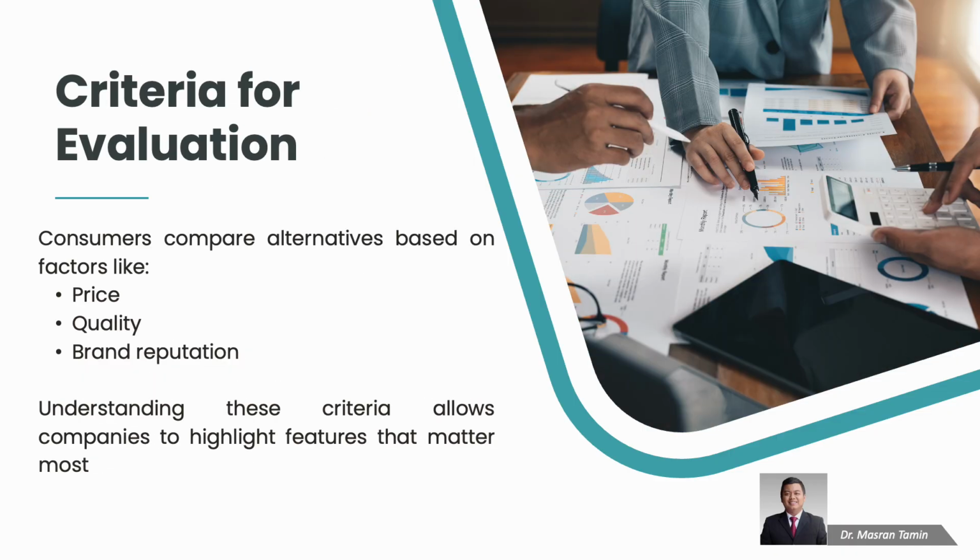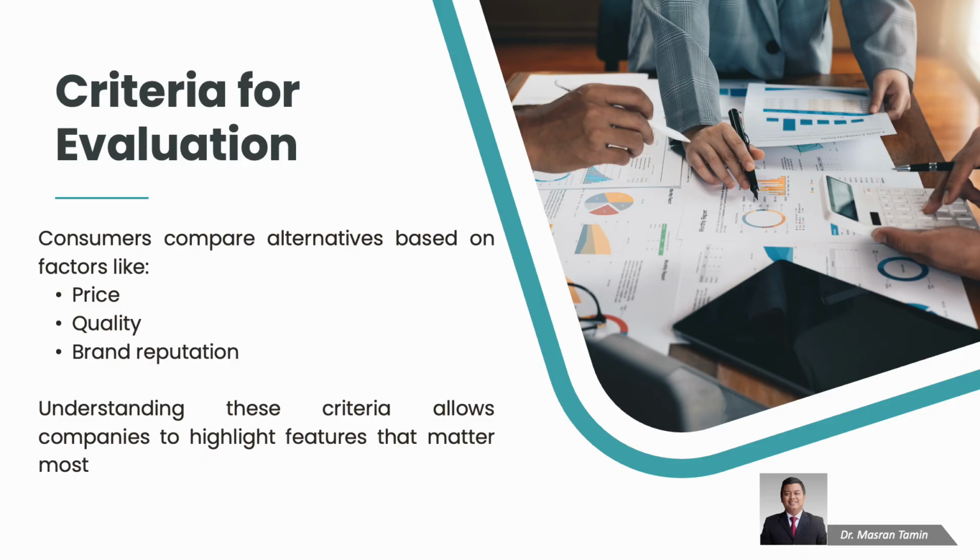After gathering information, consumers evaluate the alternatives before making a choice. Common criteria consumers consider include: first, price. Is it affordable or perceived as good value? Second, quality. Does it meet performance expectations? Third, brand reputation. Is it trustworthy or popular?